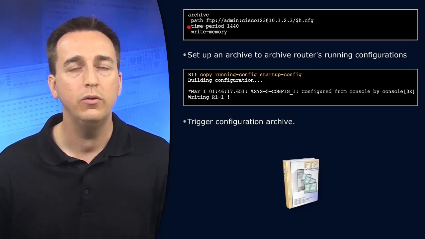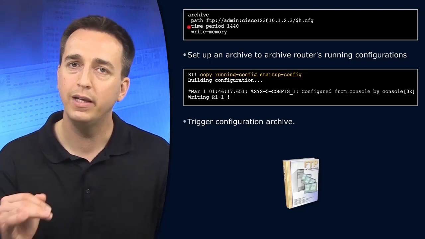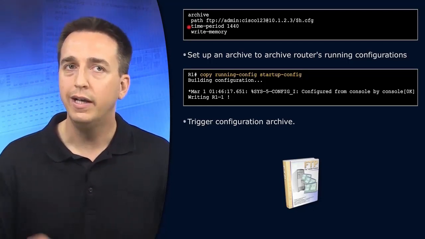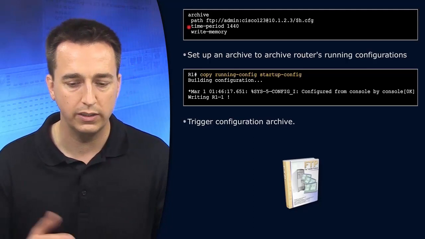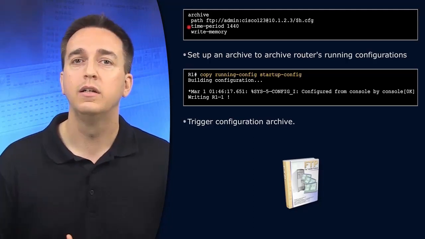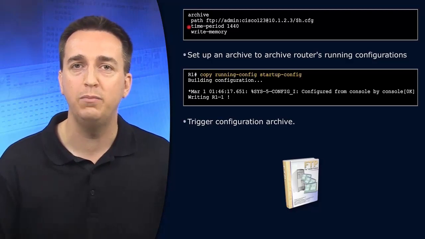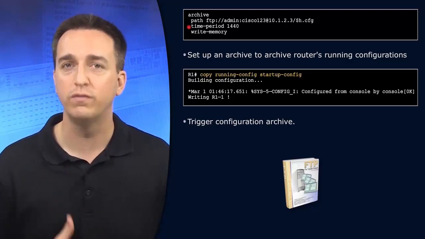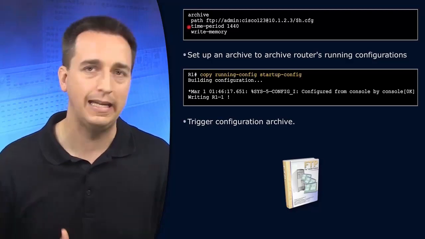Well, what we can do is specify a time period in the archive configuration. And based on this time period, which in this case is 1,440 minutes, an archive will automatically be created every 1,440 minutes without us typing in anything.